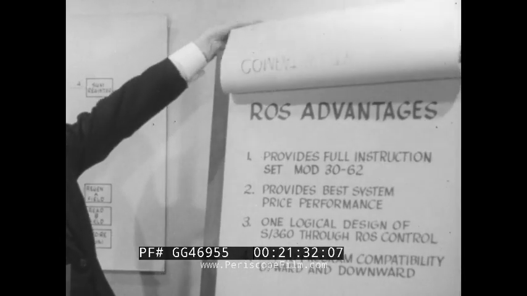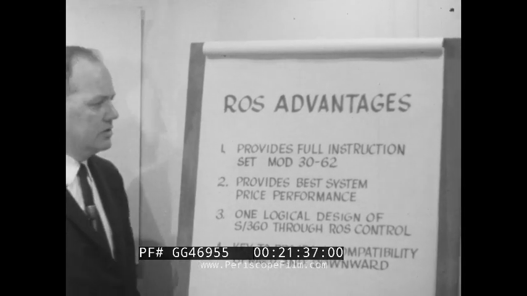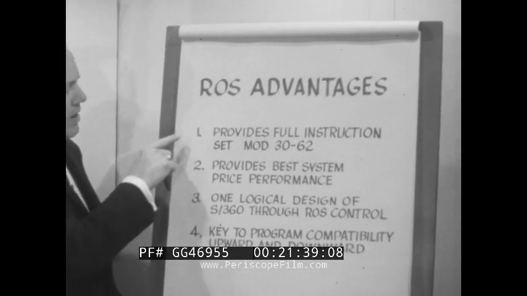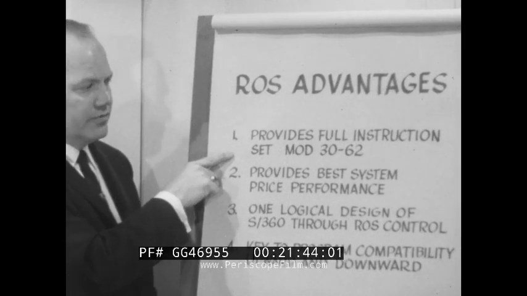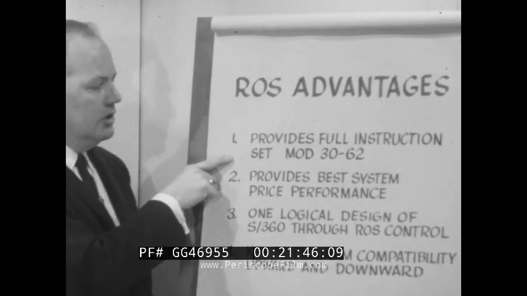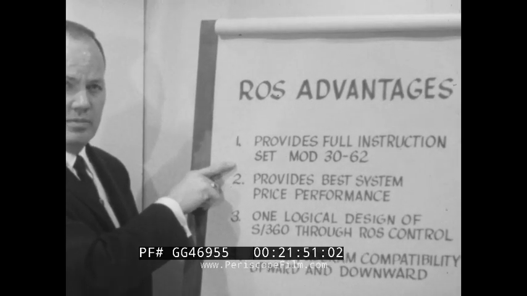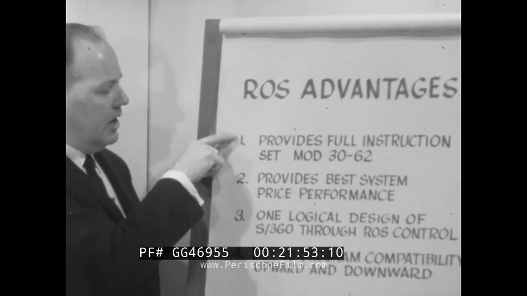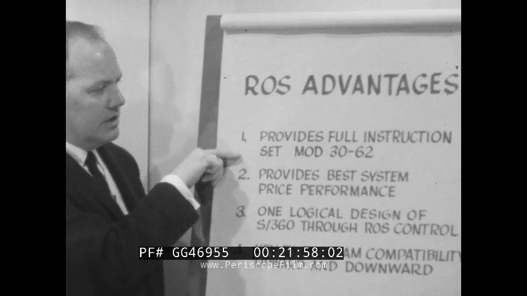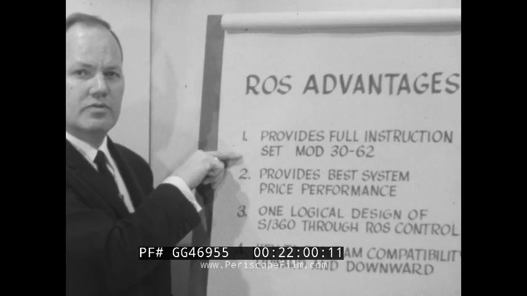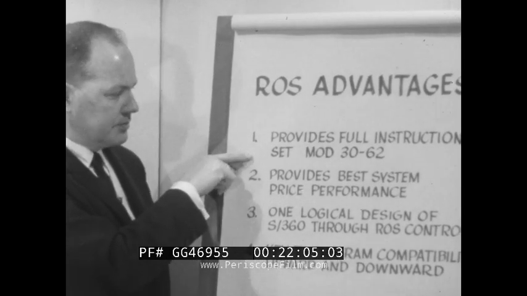Now, the next thing we would like to discuss are the advantages of read-only storage. Primarily, read-only storage allows a full instruction set for the Models 30 to 62 so that you can have true upward and downward program compatibility of your programs. Also, regardless of what model I am on, I have one set of instructions to learn, and I'm going to use one set of programming support.